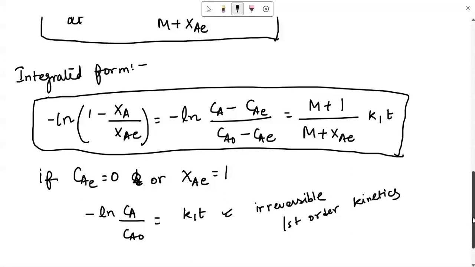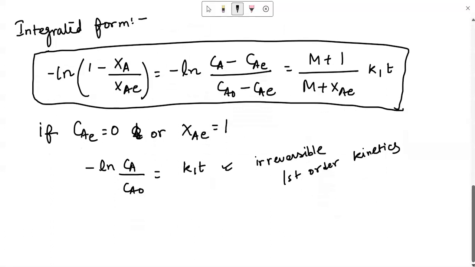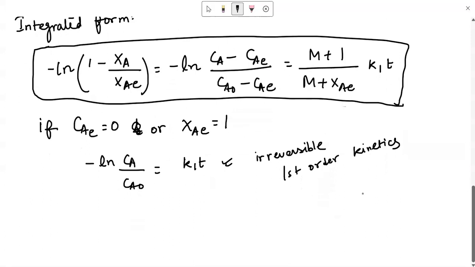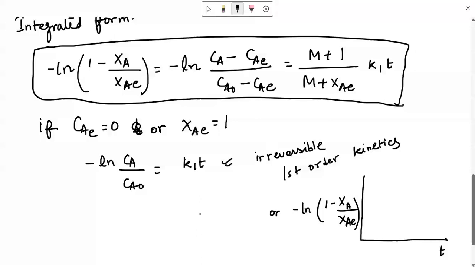So the idea is that if you graphically plot this, let me show you the graphical understanding. On your x-axis you have t, and on your y-axis let's say you have minus ln 1 minus xa by xae, or the other term, minus ln ca minus cae by ca0 minus cae.